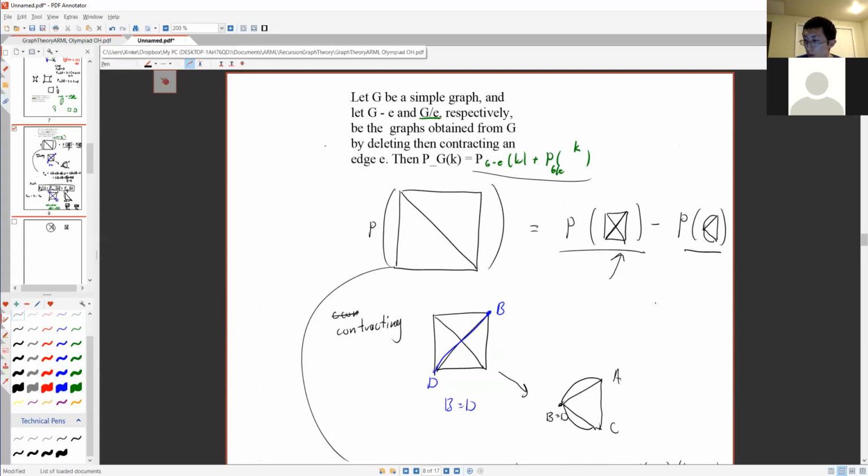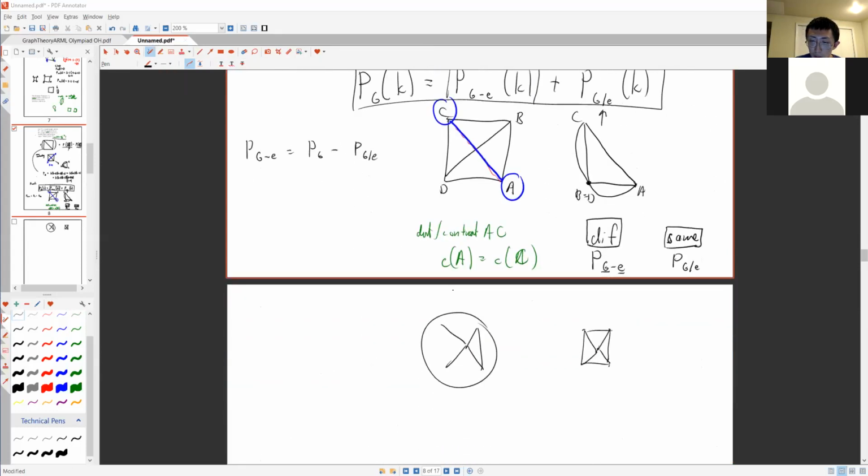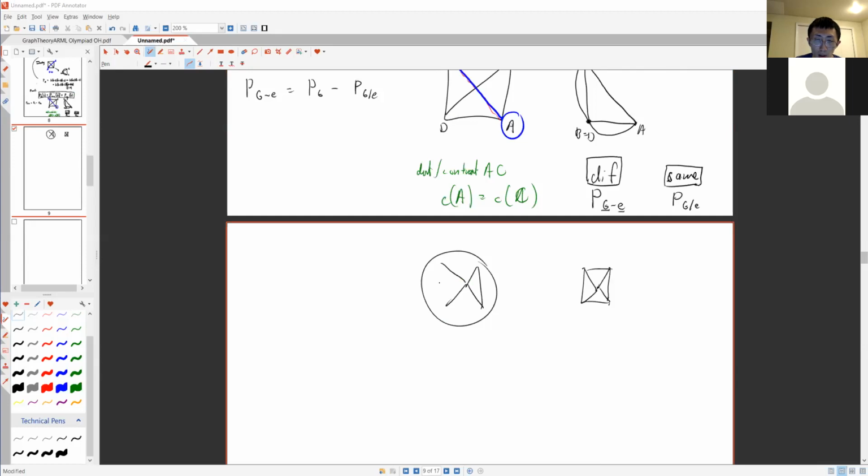Let's see. So let's just look at a few examples again. Let's go back to easier questions. Like, what would be the chromatic polynomial of this graph with no edges and 3 vertices?